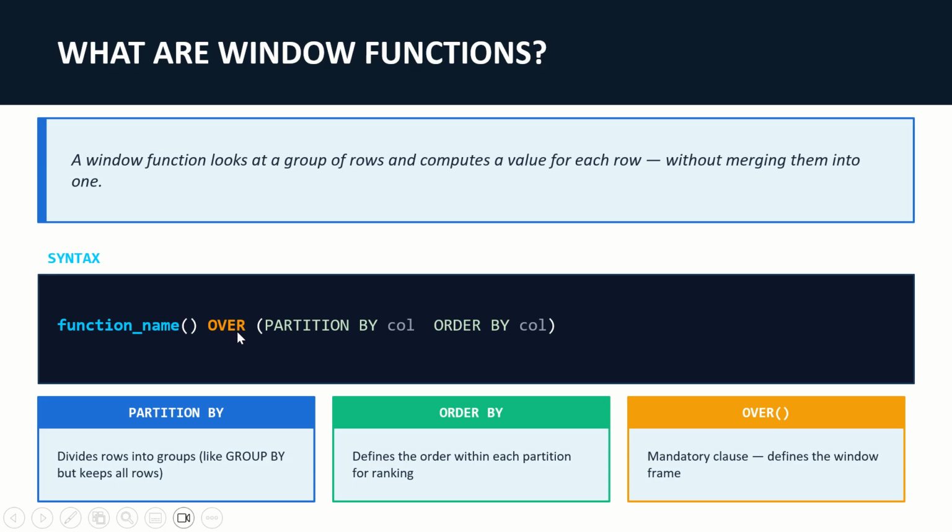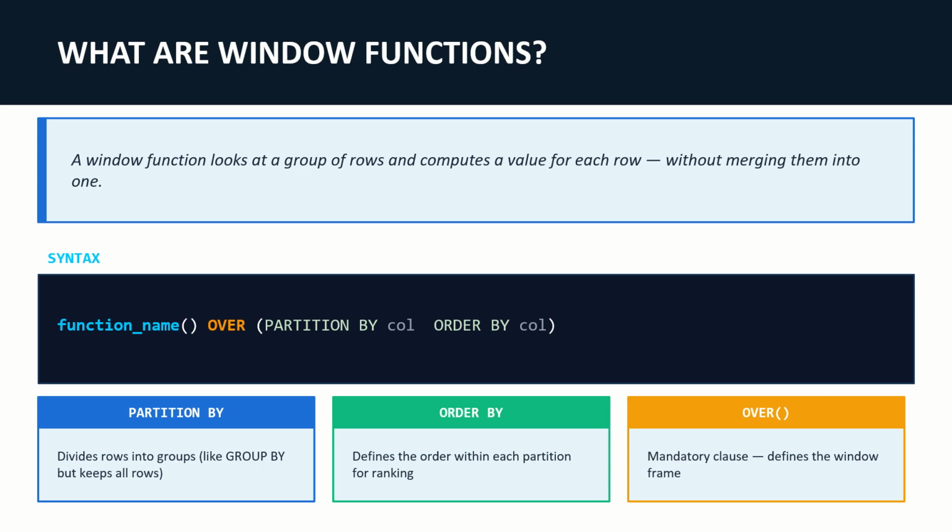Basically there are three different types of window functions. If we see the broader classification, one is ranking window functions, second is aggregate, and third is analytical functions.